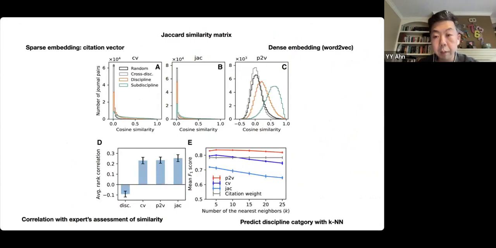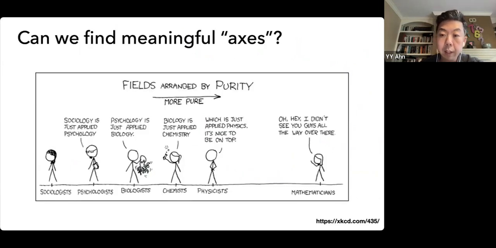Yeah, and we did a lot of evaluations, and they show that this embedding works much better than more traditional representation methods, and it can predict disciplinary categories, and it correlates well with how experts assess the similarity between fields. But it can also do some wild stuff. Like you may recognize this XKCD comic, where all the fields are arranged by purity, right?